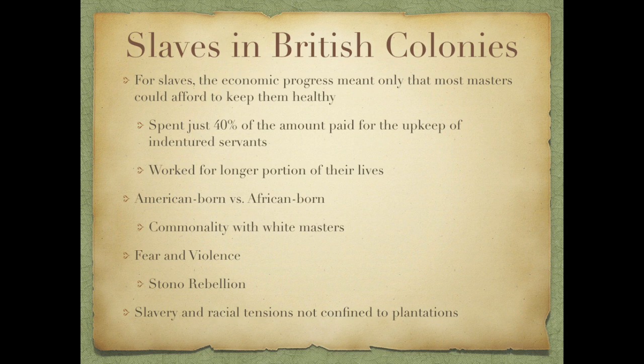Despite the relative benefits, tensions still tended to run high, especially as the black population in southern colonies began to outpace the white population, and the minority white population turned increasingly to uses of force and fear to control the growing slave population. Large gatherings of any sort were a concern. However, rebellions were relatively rare.